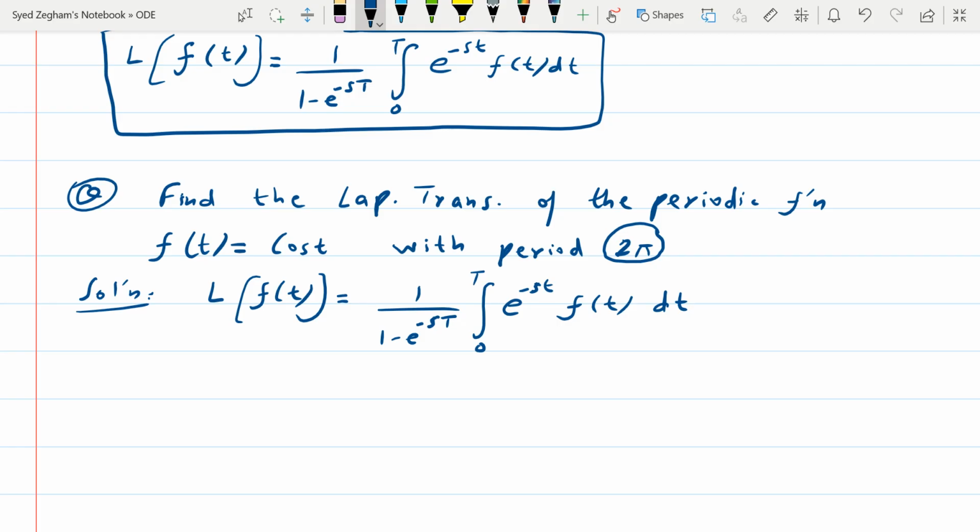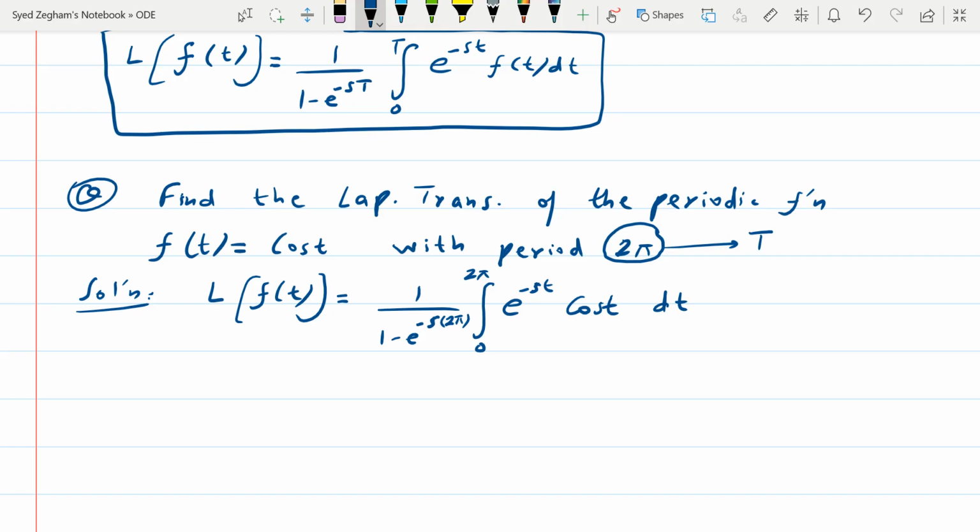So we can replace capital T by 2 pi, and the integration limit 0 to T by 0 to 2 pi. And our function f(t) is cosine t, right?